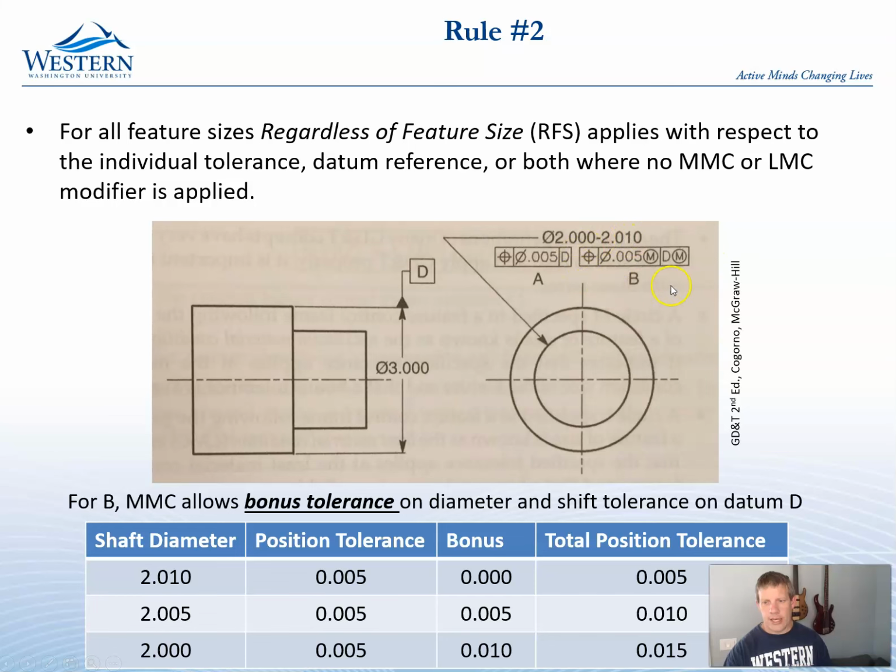So this is looking at option B. But if our shaft diameter is 5 thousandths undersize, then we get to take this 5 thousandths, which is the difference between our actual size and the maximum material condition, and add it to our position tolerance, and now our position tolerance is 10 thousandths. What does that mean? Well, it means that our shaft, because it is smaller, could move further to the side and the parts would still fit together. So that is really helpful.